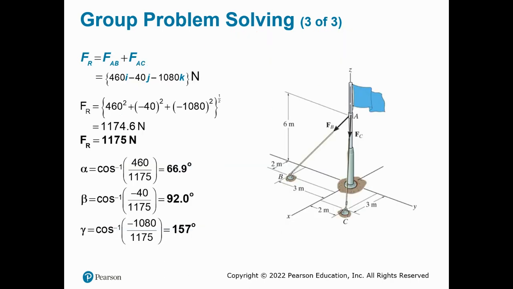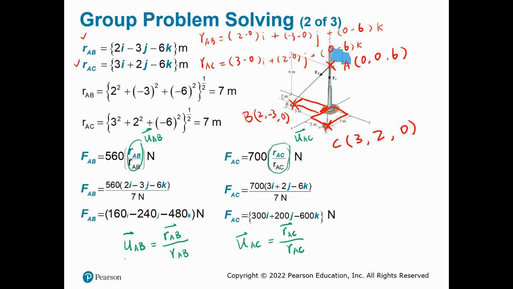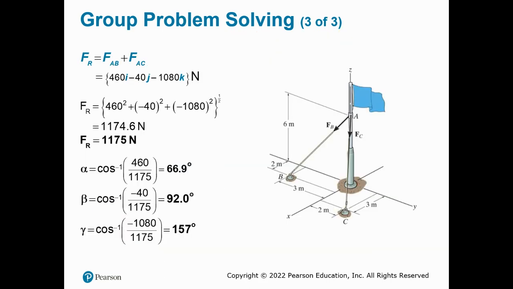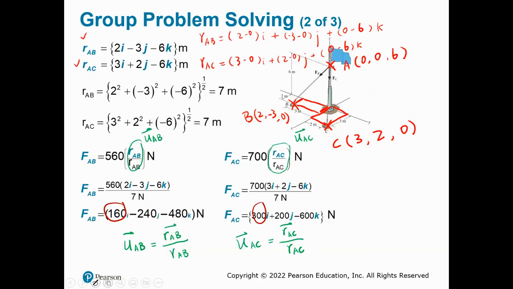Now you can do your addition. Let me use another color. You are going to take 160 and 300, add that I together. That will give you 460. That's where that 460 comes from. Next one, let's go with this.